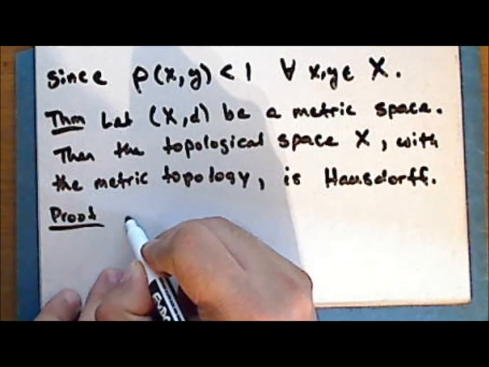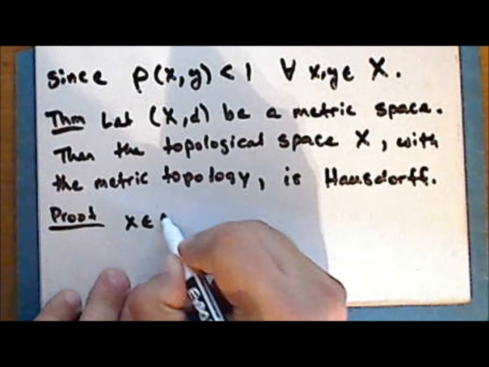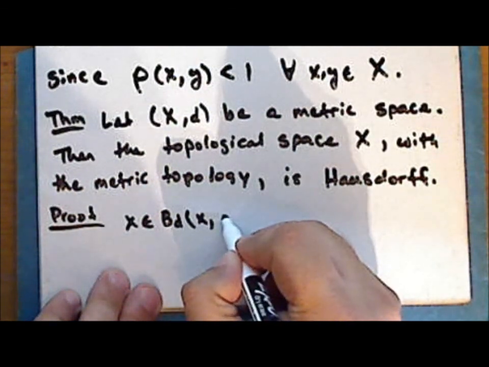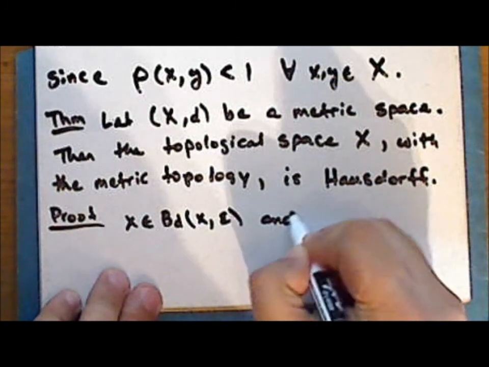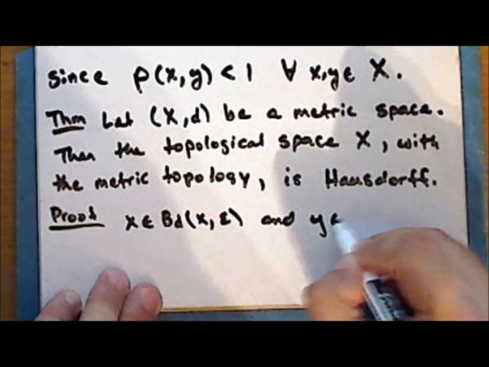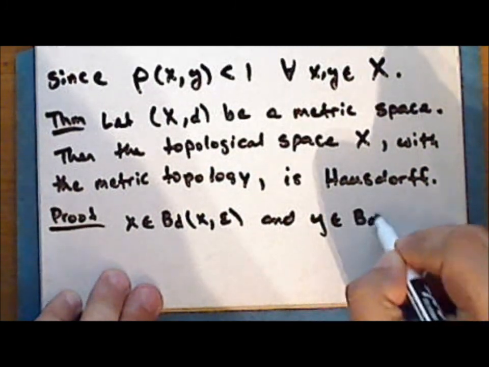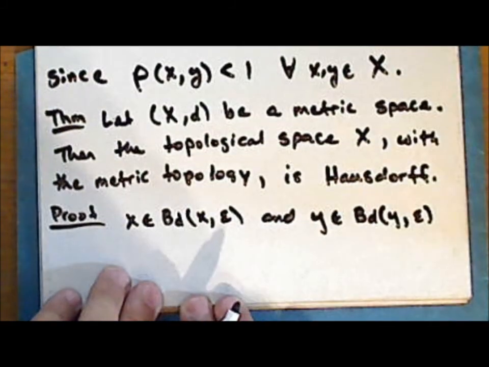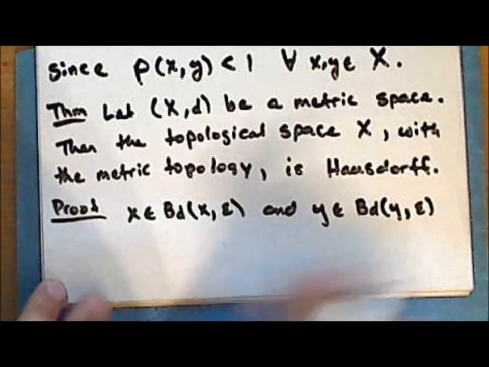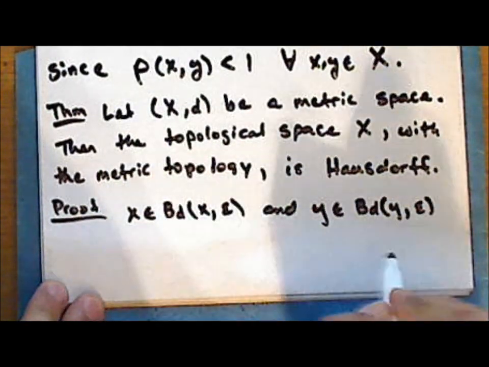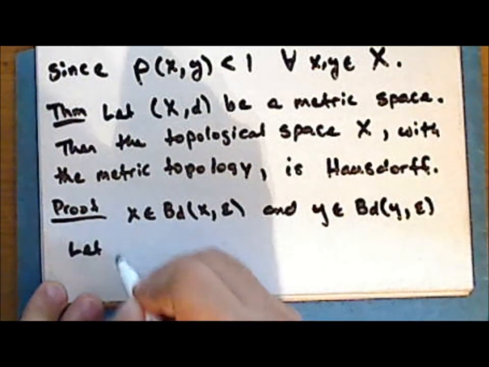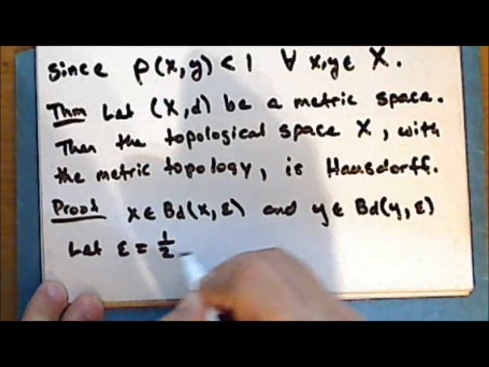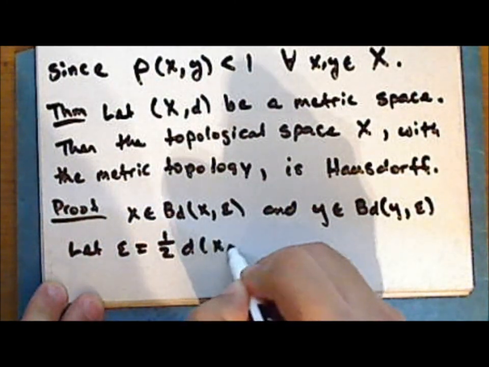Now, the point x is in the open ball centered at x with radius epsilon, and the point y is in the open ball centered at y with radius epsilon for any choice of radius epsilon, but we will specifically let epsilon equal 1/2 the distance from x to y.